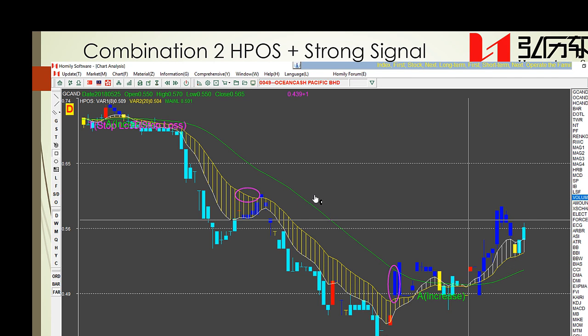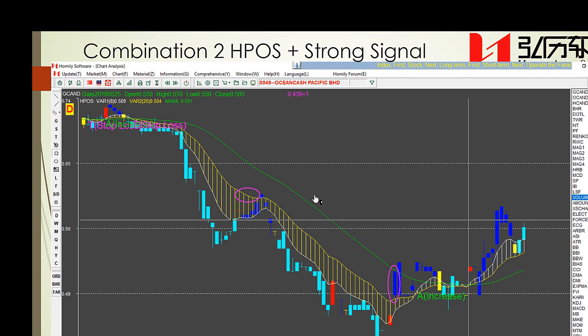And then here we can see the first day the red candle appears, and then the second day, but the yellow line still keeps dropping. So here we should know it is a rebound only.